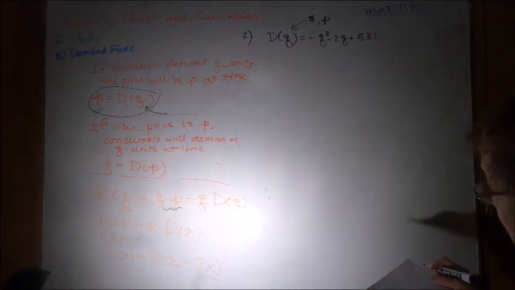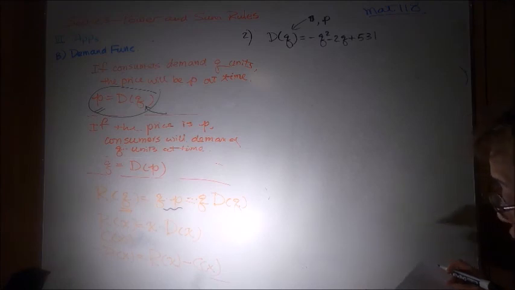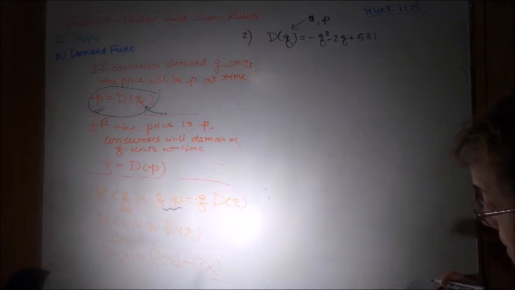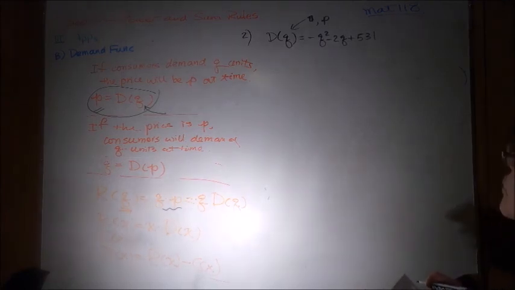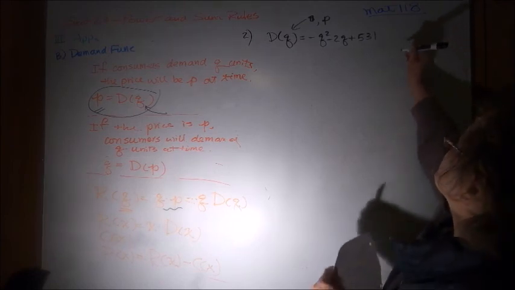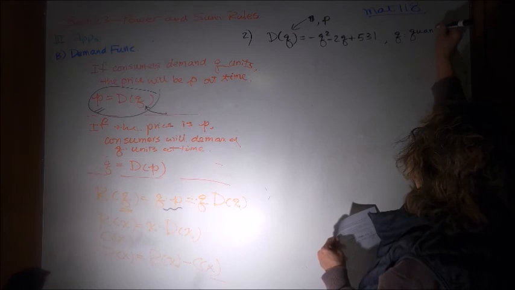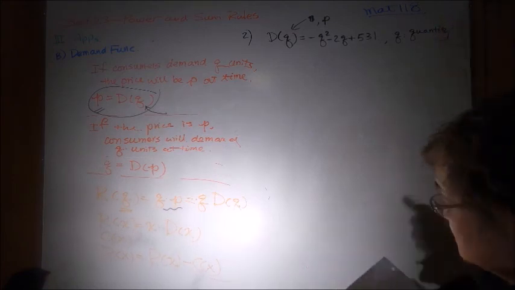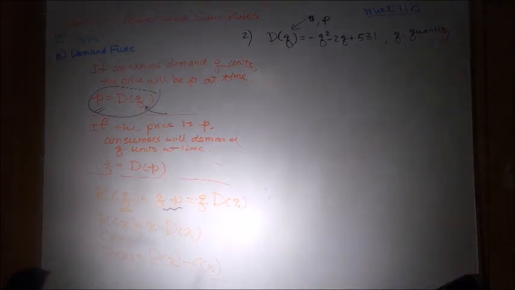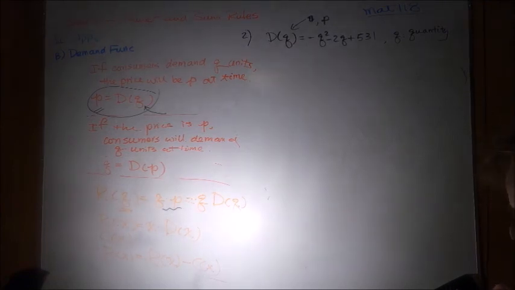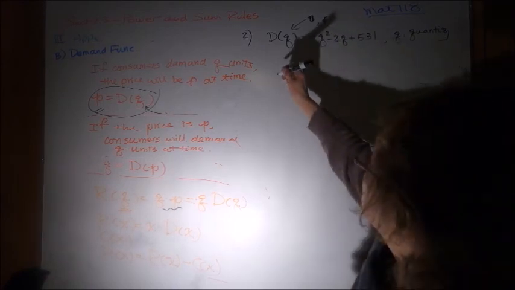Then Q is thousands of units sold, and D of Q is the price. So Q is the quantity in thousands of units. Okay? It asks you to find out the following, showing all calculations clearly.